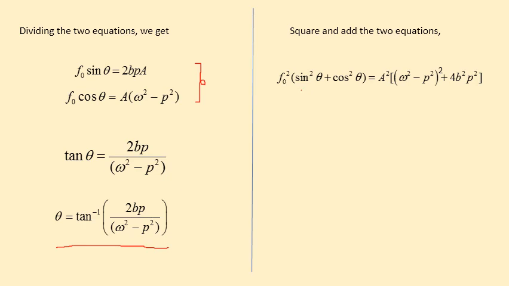Here the value of sin²θ + cos²θ is 1. So by simplification we can get an expression for amplitude of oscillation as A = f₀ divided by the square root of (ω² - p²)² + 4b²p².